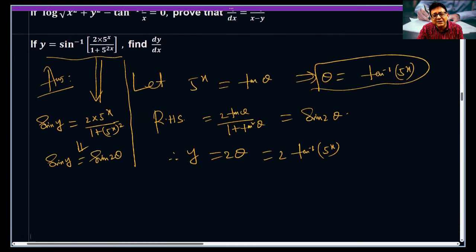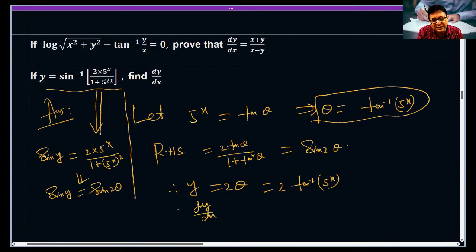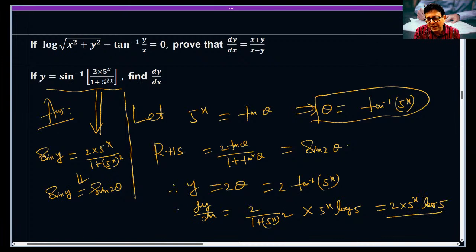Just find dy by dx from here. So dy by dx is, derivative of tan inverse x is 1 by 1 plus x square, so 1 by 1 plus 5 to the power x whole square into derivative of 5 to the power x, which is log 5 by 1 plus 5 to the power 2x. Clear?